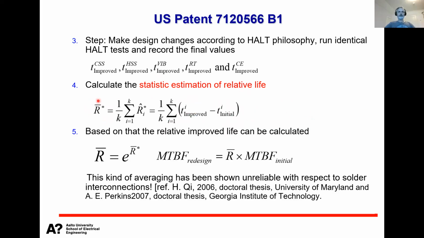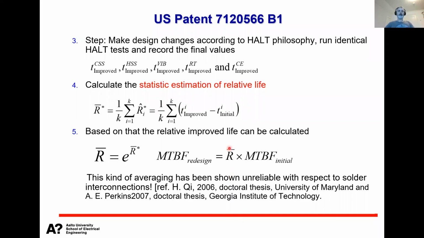So this value here tells you on average how much reliability time is improved by these corrective actions. And then you use this R star as an indication of relative life improvement, and then you can get the improved value or the final value of your failure rate or MTBF by just multiplying the initial value with this relative improvement.